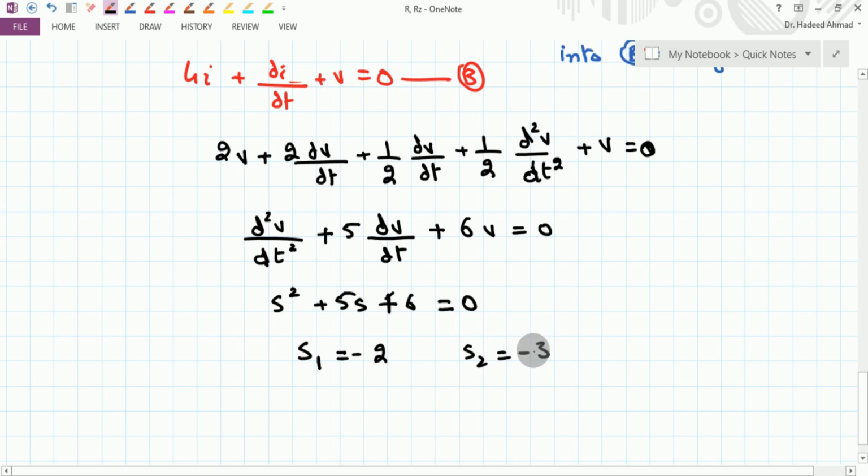Now these values S1 and S2 are both real and distinct, and therefore the response is overdamped, as I have explained in my lecture on the second order RLC circuit. So because this response is overdamped, I can write it as an overdamped response here.